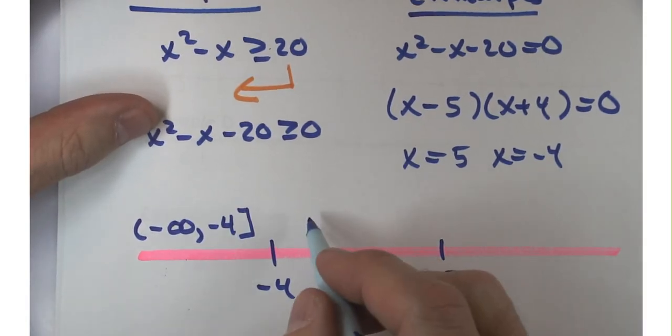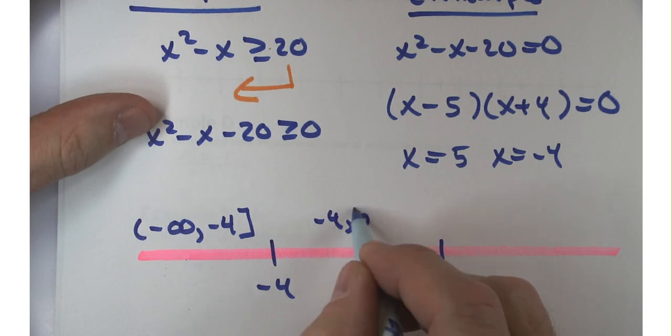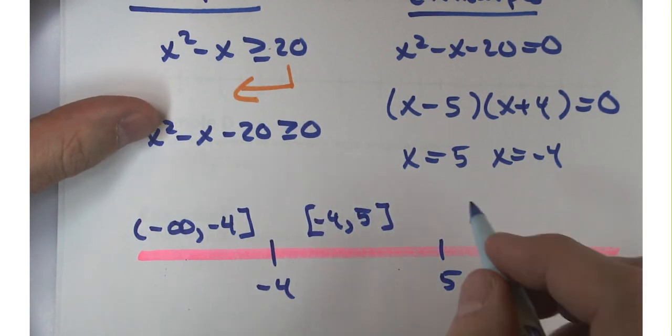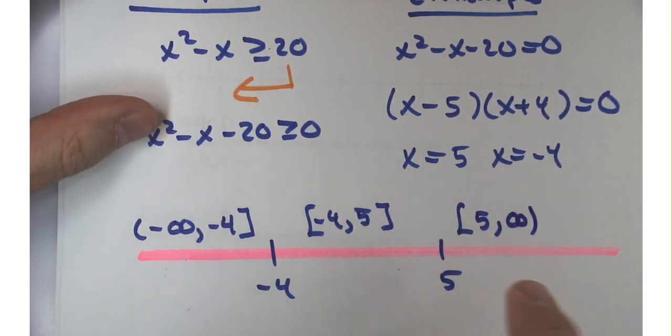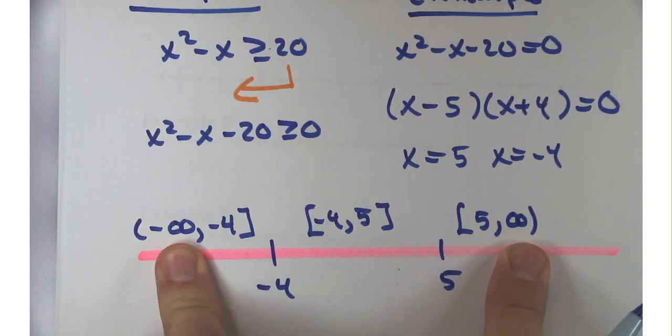Cool? How about the middle one? Negative 4 to 5. Again, I'm going to use brackets. And just as a reminder, infinity and negative infinity always get a parenthesis. If you put a bracket, I'm not going to mark you wrong, but you might get a frowny face, which is almost as bad. All right, LOL.